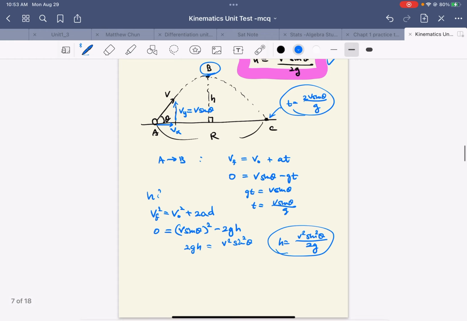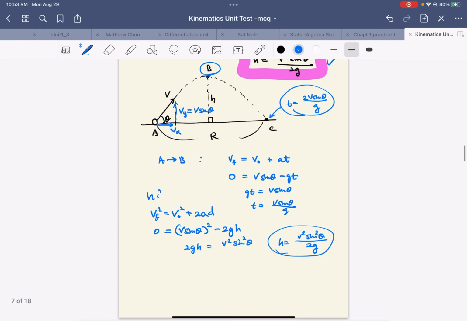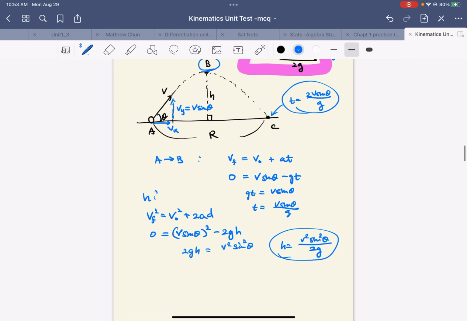Now, I'm going to find the range formula, how far away it will reach when it hits the ground. Since we already know the time, your r is vx times t. But remember, the horizontal portion is v times cosine theta, times the time, which I'm going to copy, 2v sine theta over g.